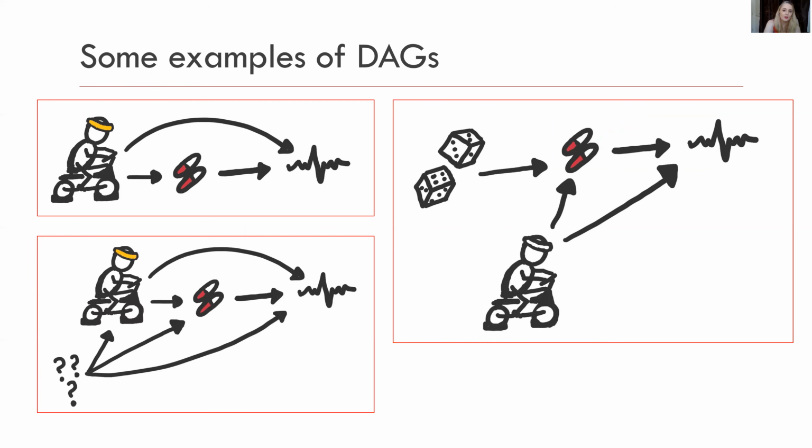So here we have an example of 3 different DAGs. The first one in the top left is depicting something we might see in an observational study. We have exercise, we have medication, and we have heart rate, and this is one we've seen before. In the bottom left, now we're adding on the possibility that in order for this to be a causal DAG, there may be some variables that are common causes of exercise and medication usage, or of exercise and heart rate, or of medication usage and heart rate.